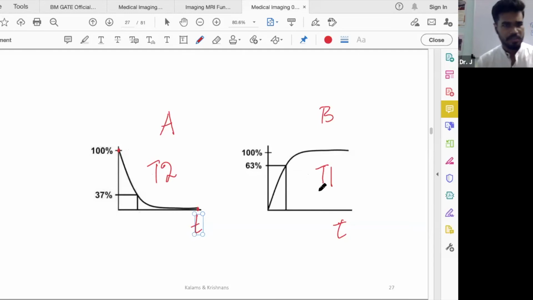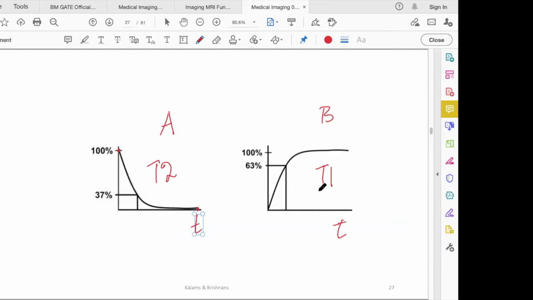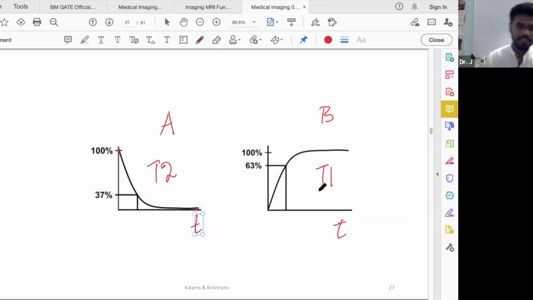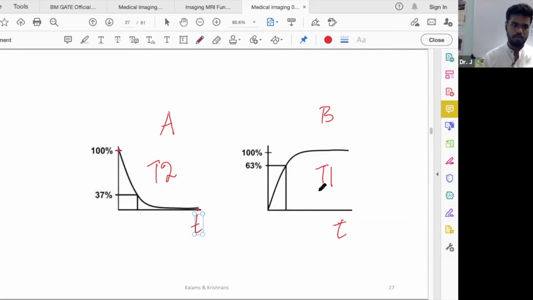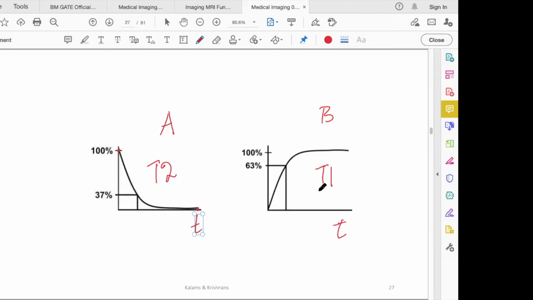Now, can someone guess how this relaxation is helpful in image formation? Please use your mind. Different tissues have different relaxation times, sir. Yes, who is this, please? Can you elaborate more? I think you're right. Let's all hear you better. If we consider T1 relaxation time in the human brain, we have gray matter, white matter, and cerebrospinal fluid.